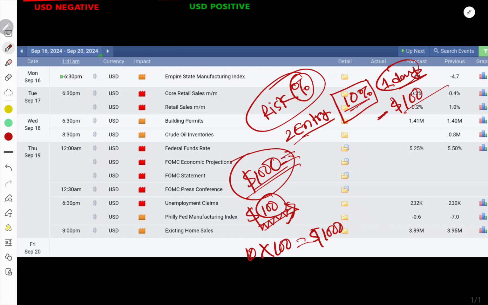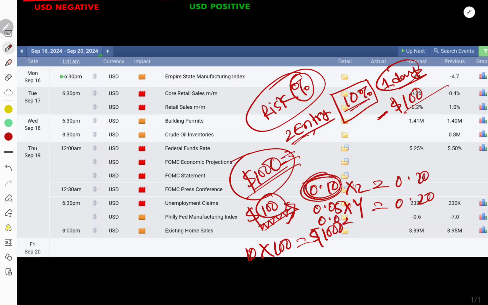Suppose you want to add 2 entries with 0.10 lot each. This can be changed. 0.10 into 2 means your total will be 0.20. Or you may take 0.05 into 4, same thing, or 0.02 into 10.